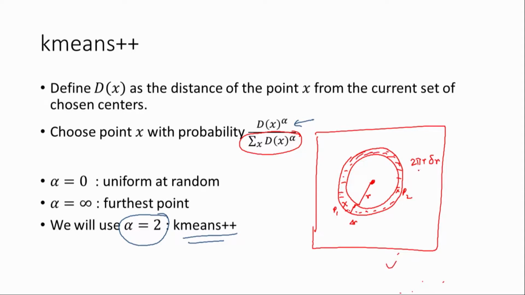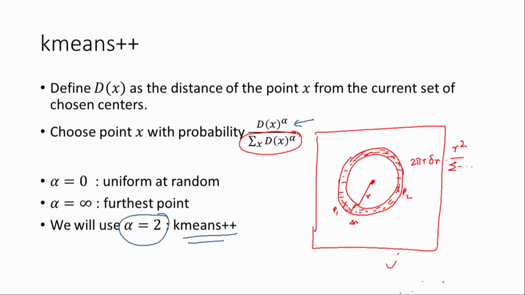Each of them has a probability of being chosen that's proportional to r squared divided by the sum. So you can say this is the probability of the next point being chosen at distance r.